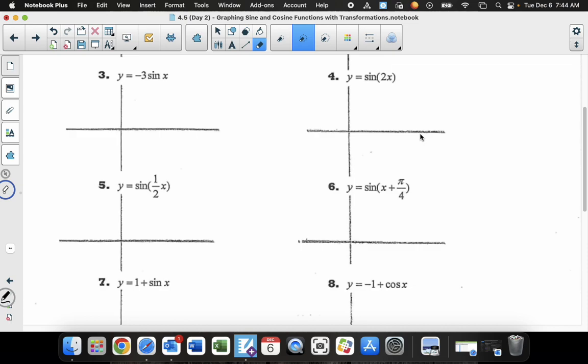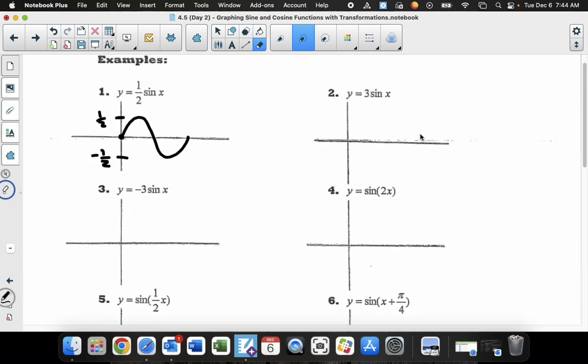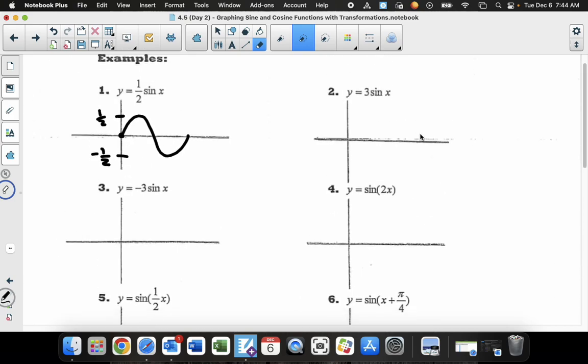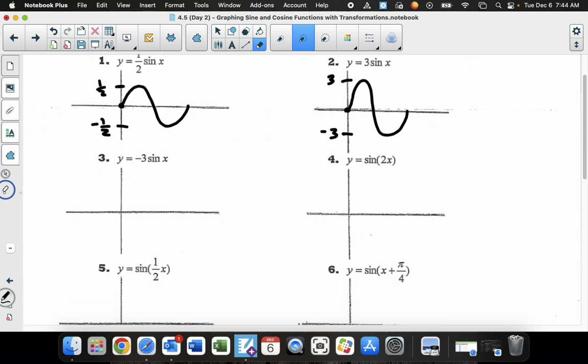It's a reflection. So on this problem, back on number 2, we would still start at the origin and we would go up to 3, down to 3, and back. Here would be 3 and -3. When you've got a negative amplitude, the amplitude is still 3, but the negative takes that graph and reflects it.